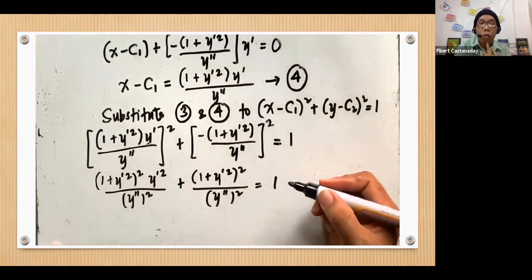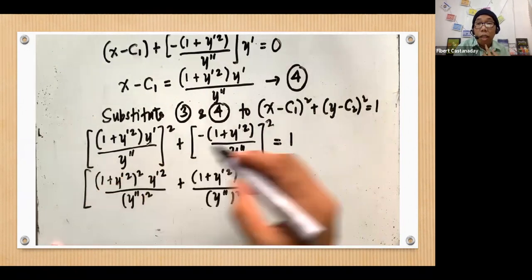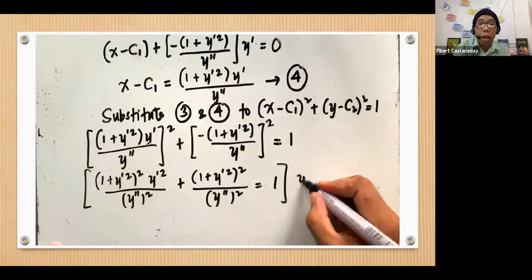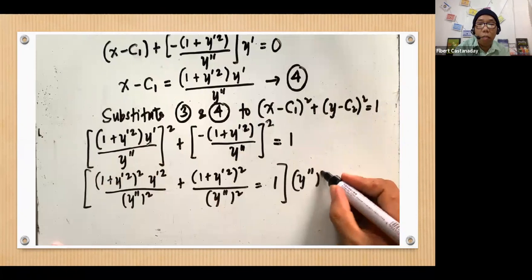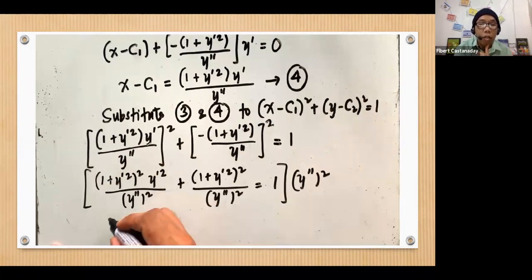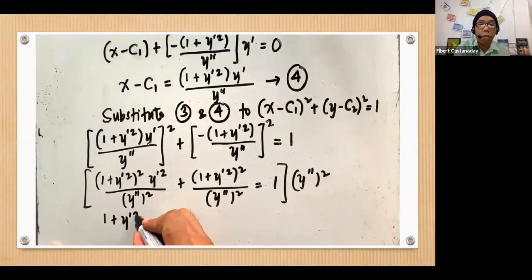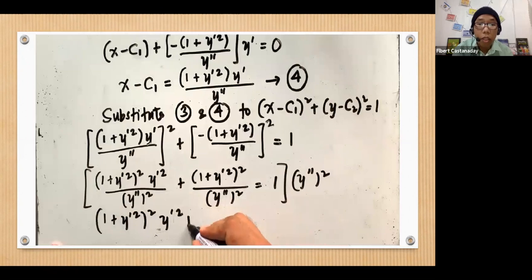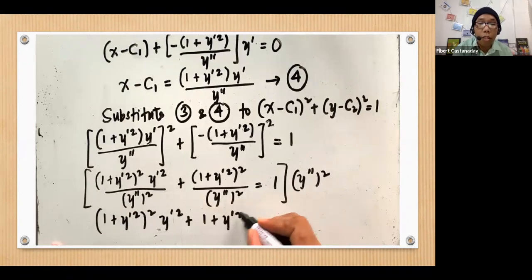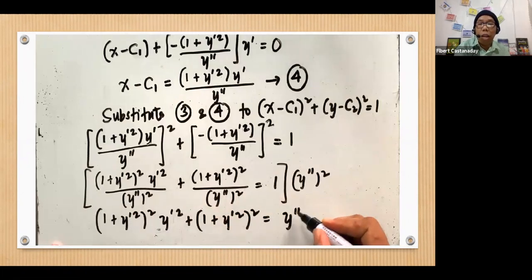Equal to 1. Now we can multiply both sides by y double prime squared so it becomes a single line. So we have 1 plus y prime squared raised to 2 times y prime squared plus 1 plus y prime squared raised to positive 2 equals y double prime squared.